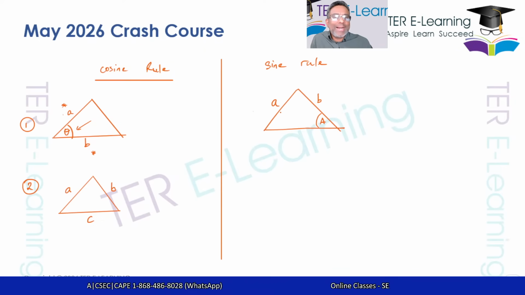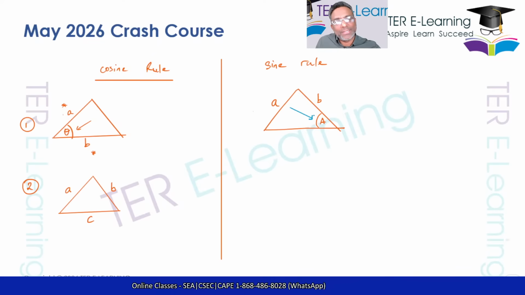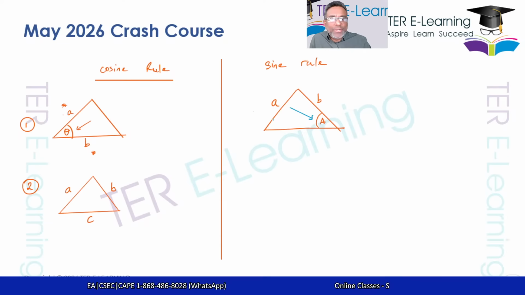So let's say I had two sides and an angle. One of the things you have to remember with the sine rule is that we are relating sides and the angle which is opposite. So if I wanted to calculate this angle here, I can use the sine rule because I have two sides and an angle opposite to one of the sides. That is one condition under which I use the sine rule.